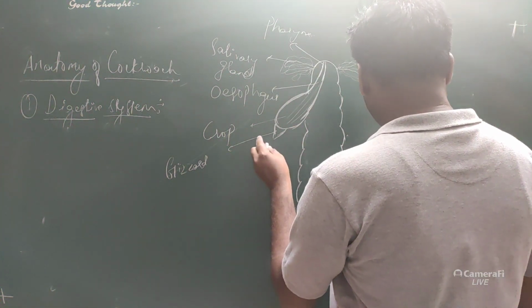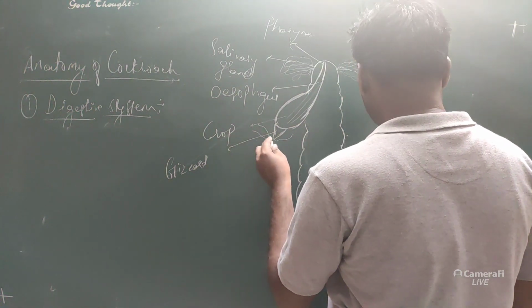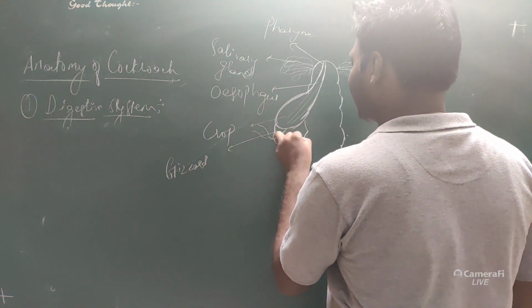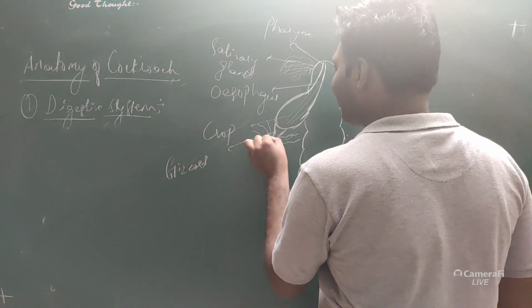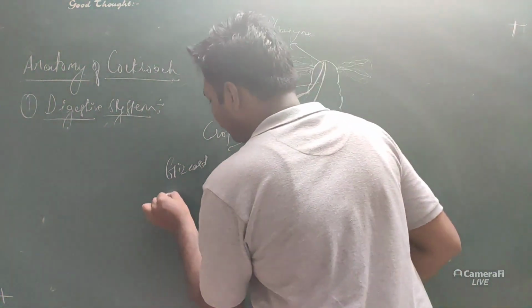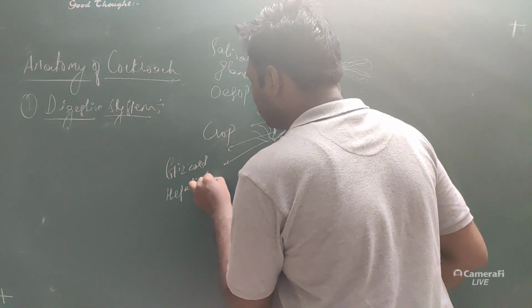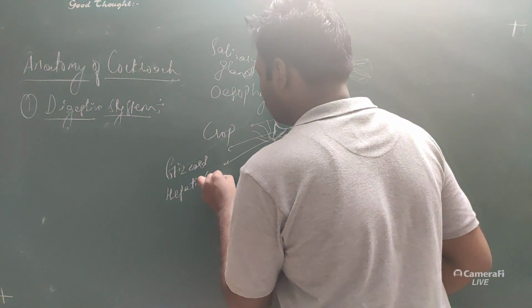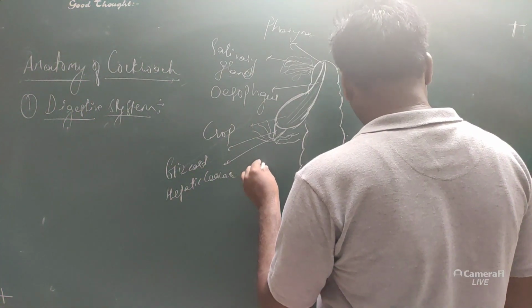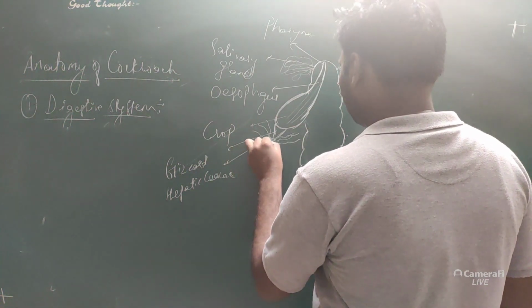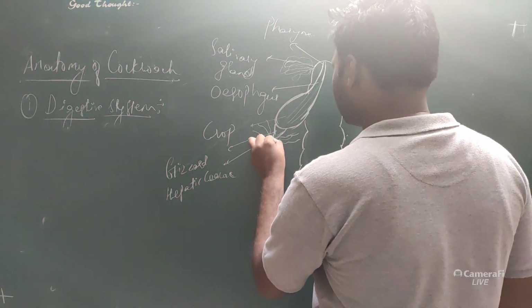At the gizzard there are the hepatic caeca, around 100 to 150 of them. They are responsible for the formation of some tubular structures.